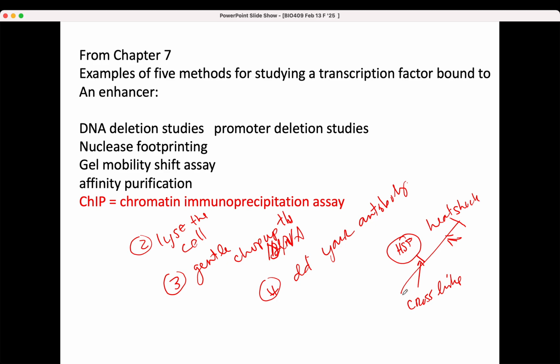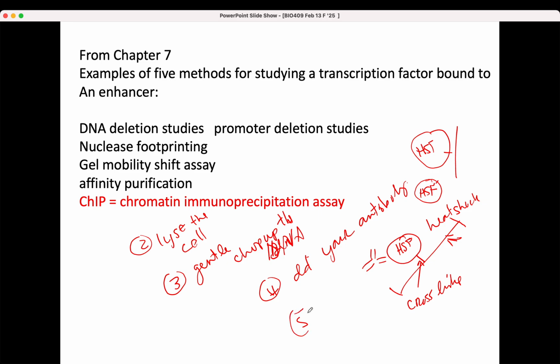And we'll just have a short piece here because we chopped up the DNA into short pieces. When we add the antibody, it will stick to this, and it will stick to all the HSF proteins. Most of the HSF proteins didn't get cross-linked because we just cross-linked for a moment. And some of the HSF proteins weren't even bound to DNA at the moment. But we can bind all the HSF, whether it's bound to DNA or not, and it will also include HSF that's bound to every target gene. So not just this gene, but another gene, and all of them.